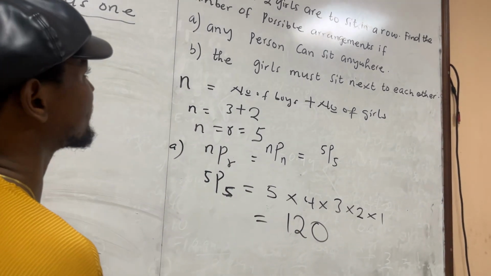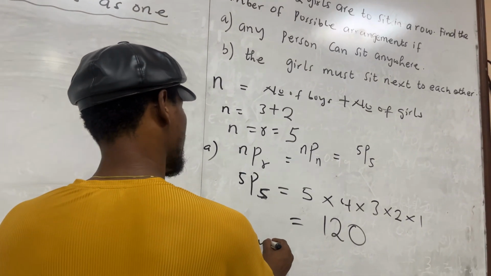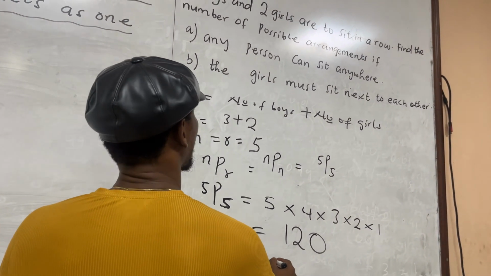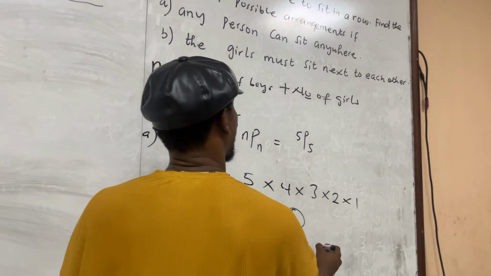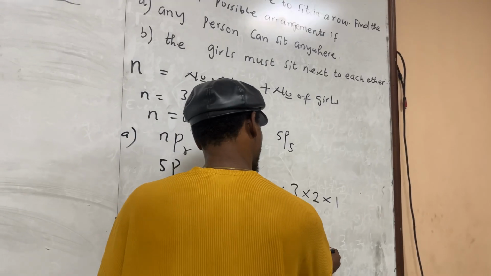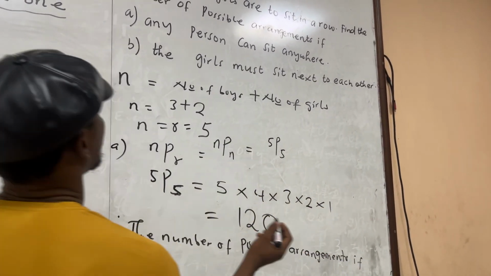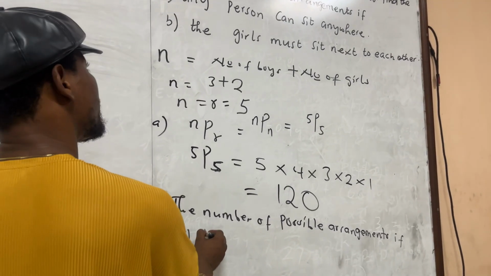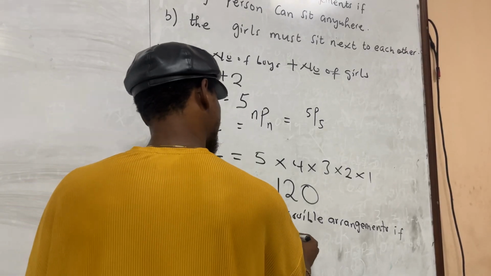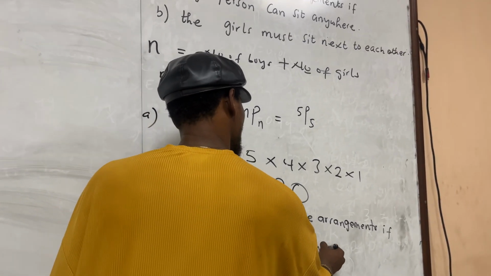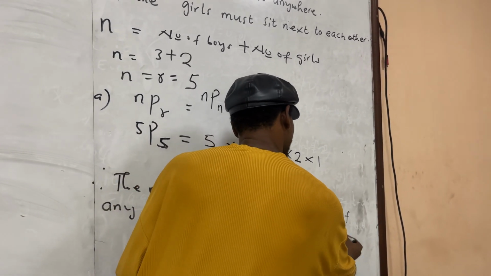As simple as that. So therefore, I can say the number of possible arrangements, if any person can sit anywhere, is 120.